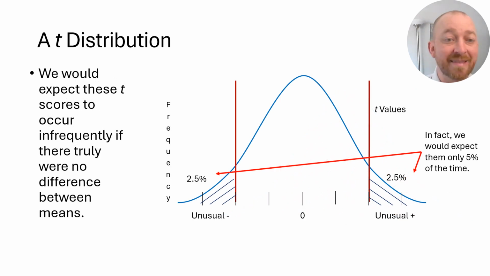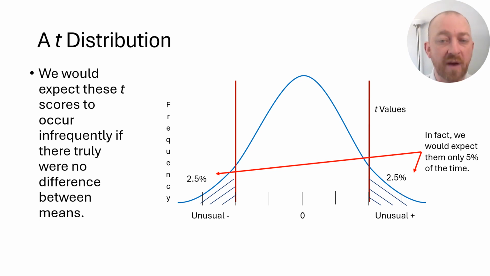What we find in these tails of the distribution, if we split the 5% out, is 2.5% negative values this far away from 0, and 2.5% positive values 2 standard deviations above 0. Those are unusual t-values to have occurred if we didn't have an impact of the independent variable on the dependent variable.